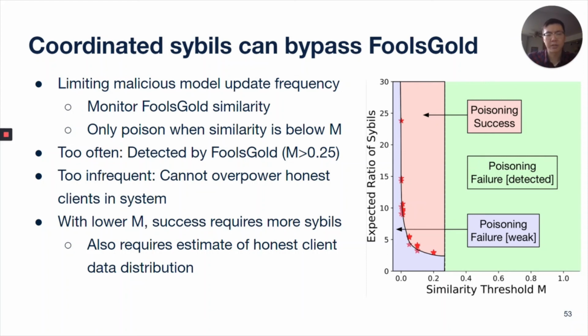However, this requires the cost of creating additional Sybils, understanding of FoolsGold's parameterization, and some estimate of the honest client data distribution in the system. This is a very strong attacker that is able to defeat FoolsGold if they have this knowledge.